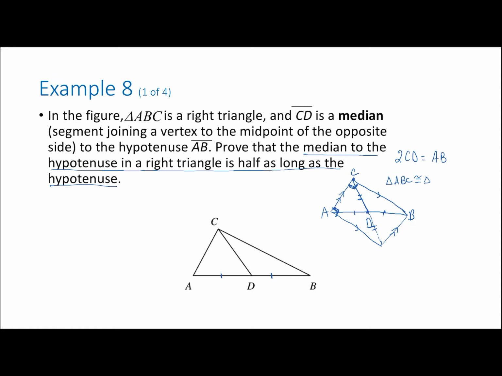So if that's the case, then sort of like in our last example, if I can show that triangle ABC is congruent to triangle, make sure I mark the right one here, so we're doing ABC, and I want to show that triangle CA, we'll label this as E down here.